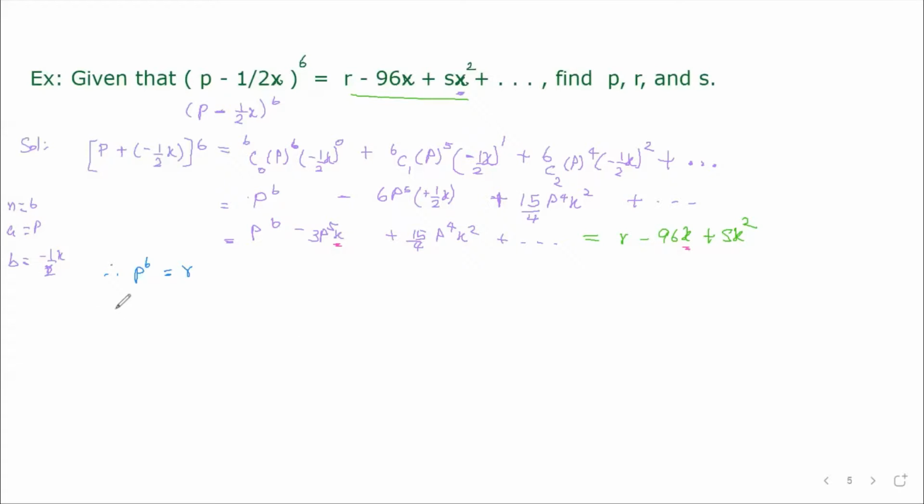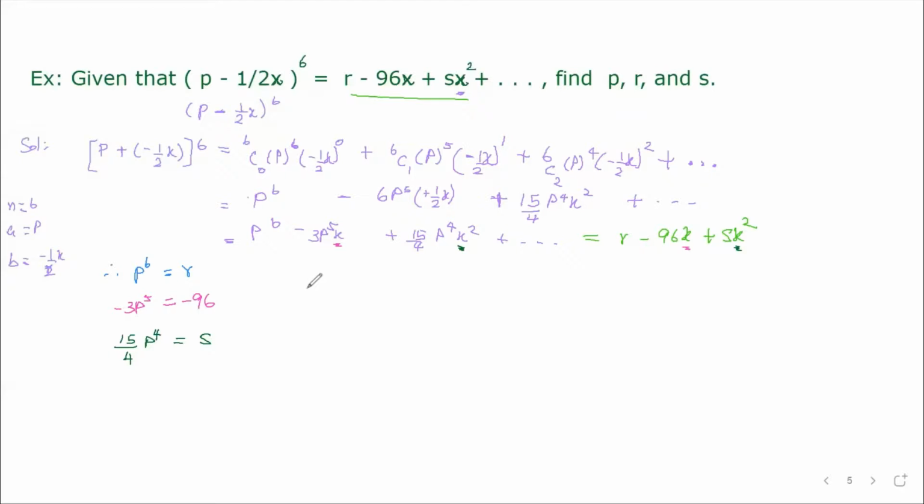So we get negative 3p to the power 5 equal to negative 96. Okay, and the next one, x to the power 2 and x to the power 2, so we are going to have 15/4 p to the power 4 equal to s. Okay, now we can find p, r and s already.